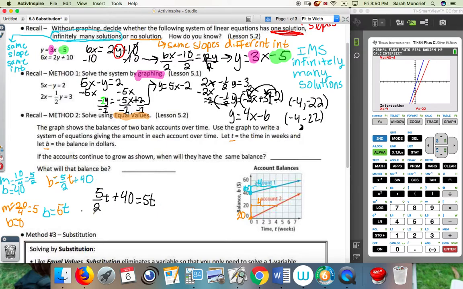So let's start by getting the t's on the same side. This t has nothing over here with it, so I'm going to move this t to the side with the 5t. In order to do that, I'm going to subtract 5 over 2t from both sides.